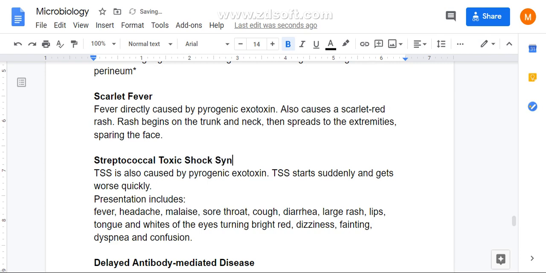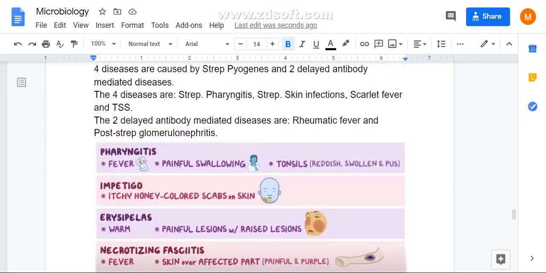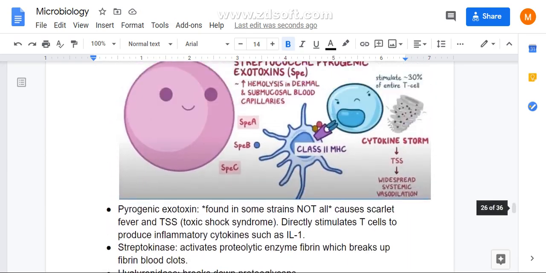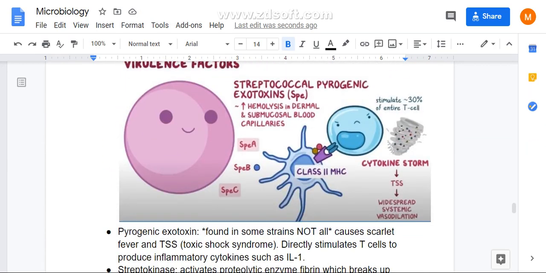The toxic shock syndrome is also caused by the pyrogenic exotoxin. If you remember, it was A and C and not B. Only these two cause toxic shock syndrome.